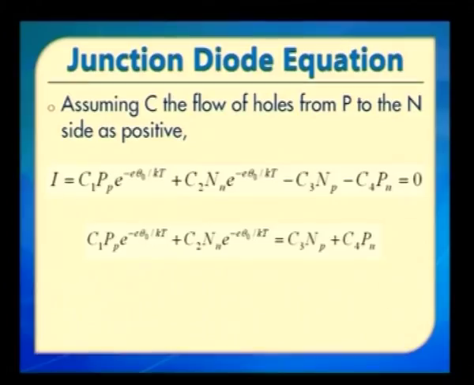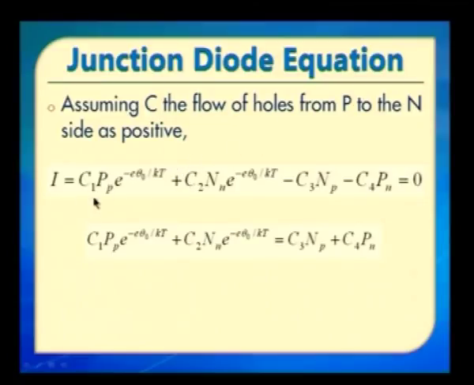Now, we have to write down the sum of all the things. Under equilibrium condition, you have to find the current I equal to I1 plus I2 plus I3 plus I4. Let me write down the current, assuming the current flowing from the P to the N side as positive, and the other one negative.